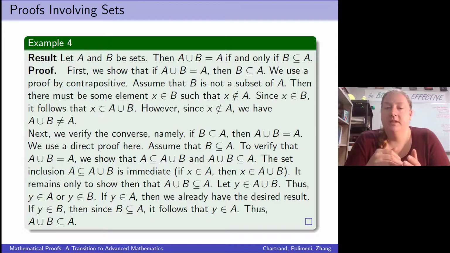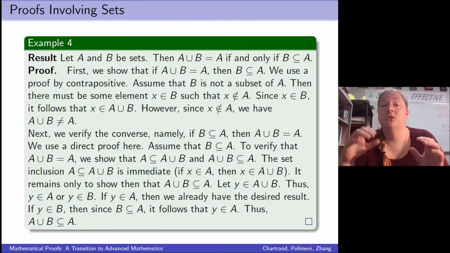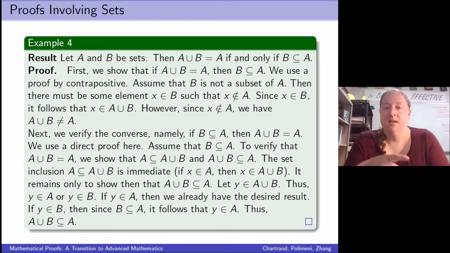To do this, we're going to use the contrapositive. It's really common when you have equals on one side and a subset on the other side that you go with the subset option if you can, and a lot of times that means using the contrapositive. So here we're doing that.